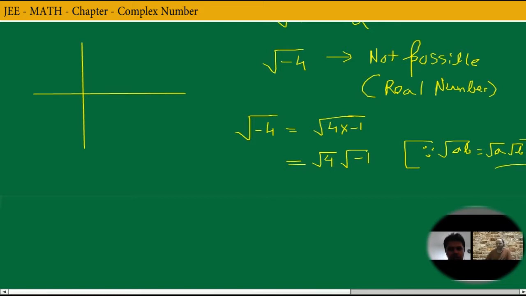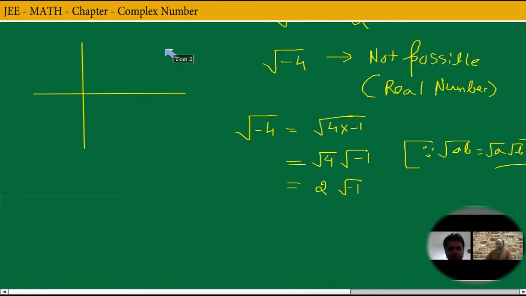So the square root of 4 is no problem, you already said the answer, it's 2. The problem lies here: we can't find the square root of negative 1. That's the problem, for any negative number.